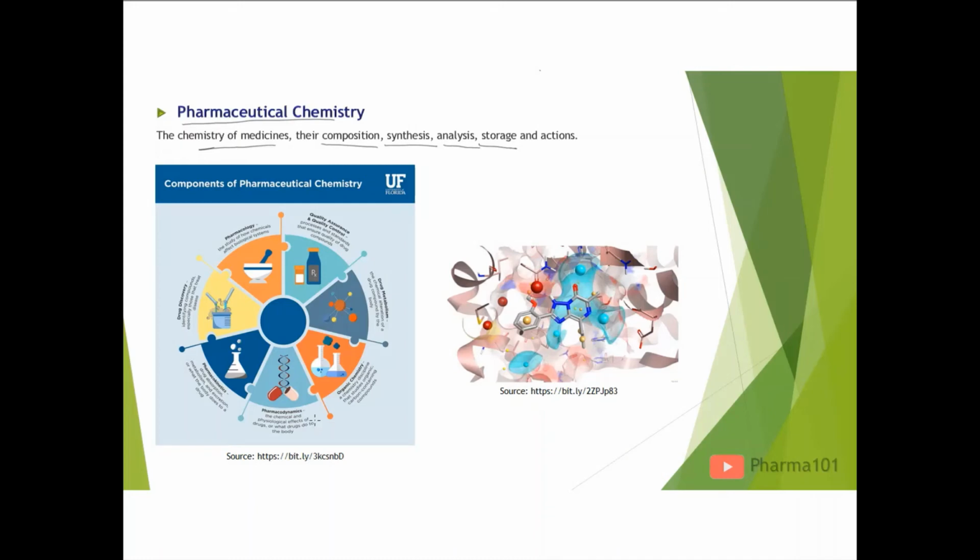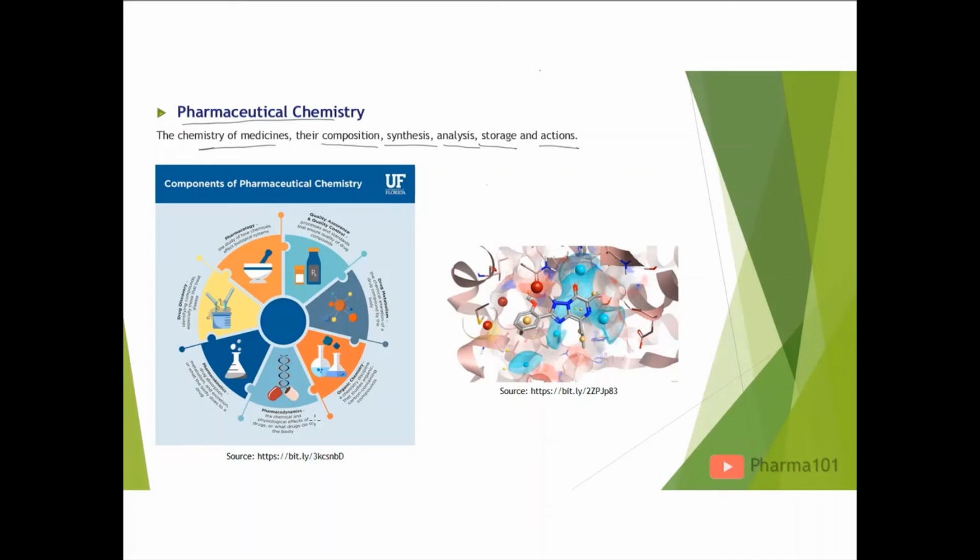You might be aware that every medicine needs to be stored at a certain temperature in order for it to remain stable, and we determine these storage conditions through testing, and this comes under pharmaceutical chemistry, as well as it involves a study of the actions of drugs inside the body.